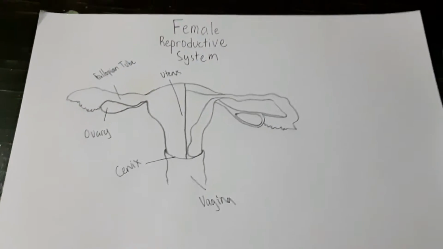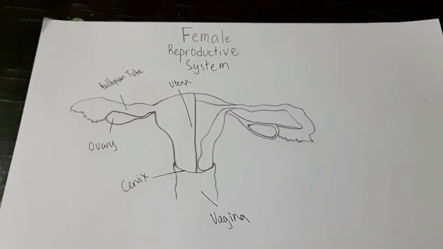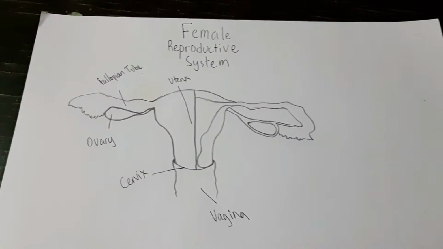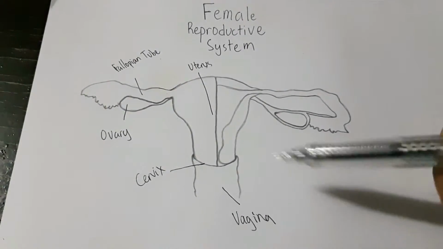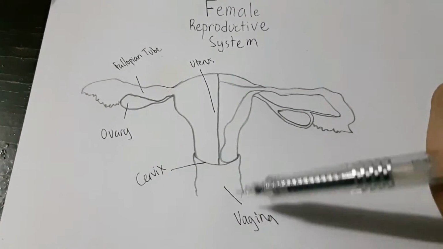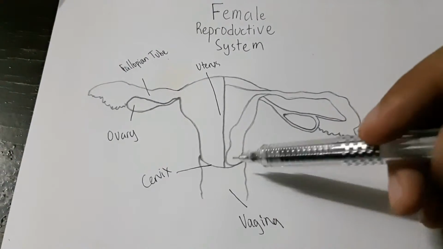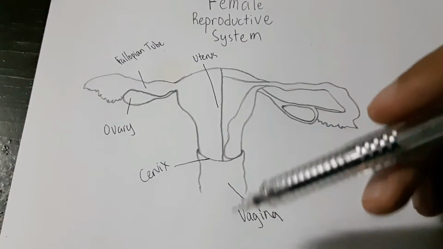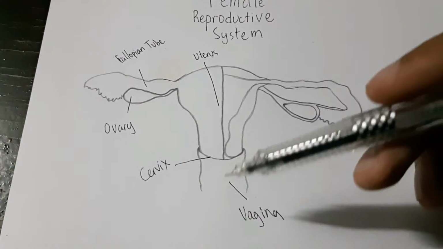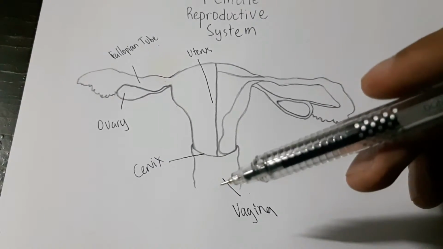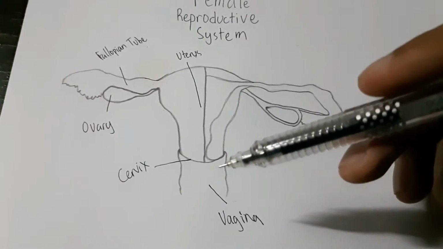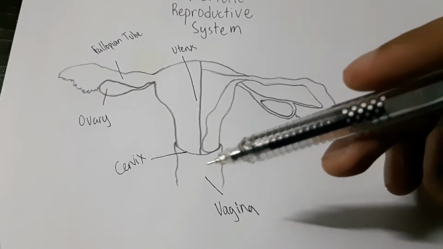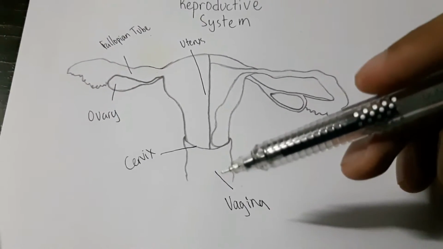Dito ko po i-explain at i-determine ang female reproductive system. So, ito po yung vagina. Ito yung birth canal at dito po ini-insert yung, dito if yung guy and girl gusto act ng sexual intercourse.